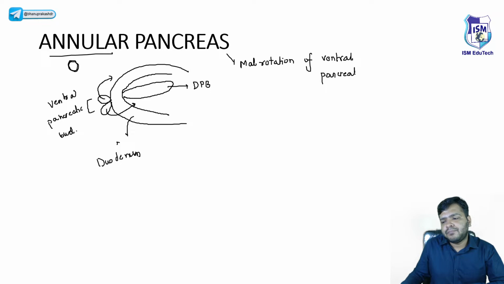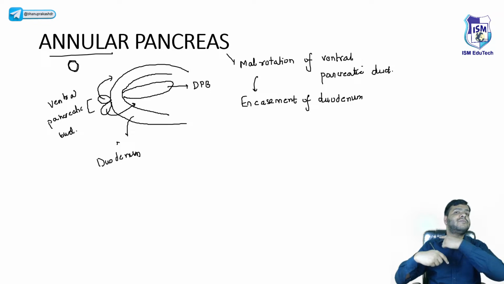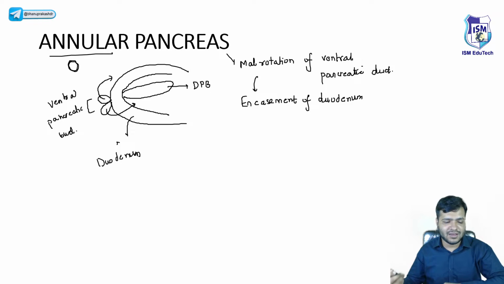Ventral pancreatic duct. Okay. Now, due to this, what happens? There is encasement of the duodenum. The duodenum is surrounded by this ventral pancreatic duct. There is encasement of the duodenum. बिल्कुल रिंग जैसा, पूरे गले पे जैसे फांसी का फंदा बना दिया हो, बिल्कुल वैसा हो जाता है.